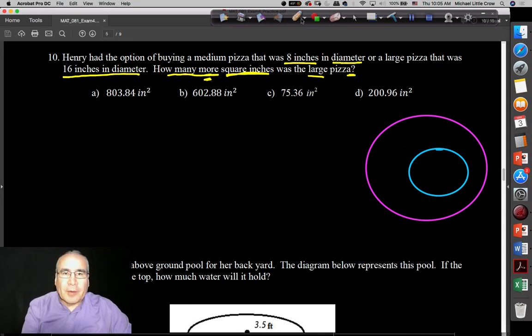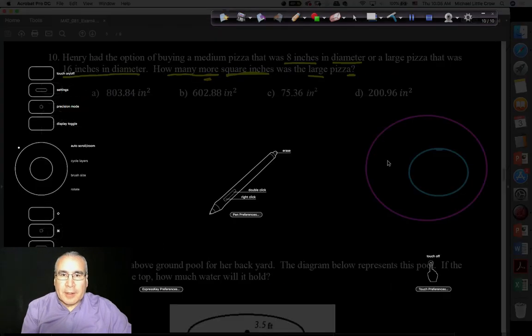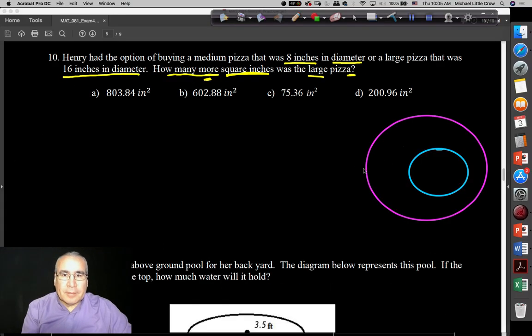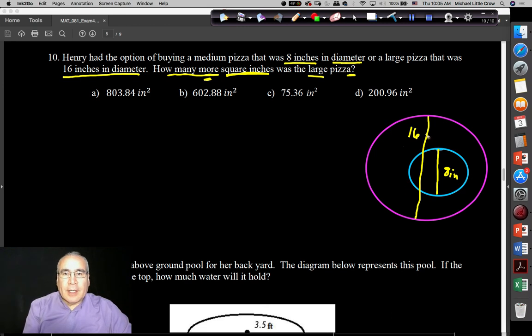So what we've got is that the diameter of the smaller pizza is 8 inches. The diameter of the larger pizza is 16 inches.